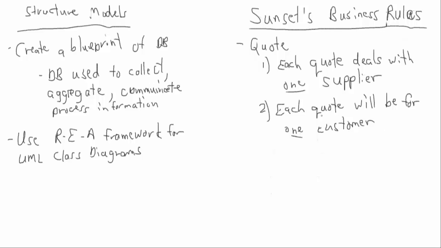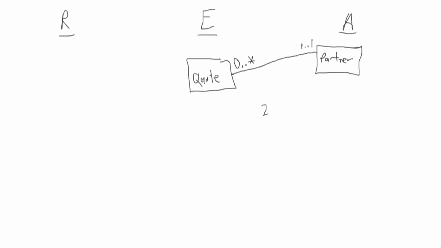So you can see there we're going to basically say our business will only prepare an individual quote for one customer. So an individual quote is for one and only one customer.